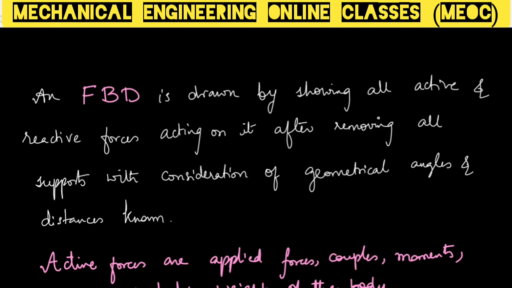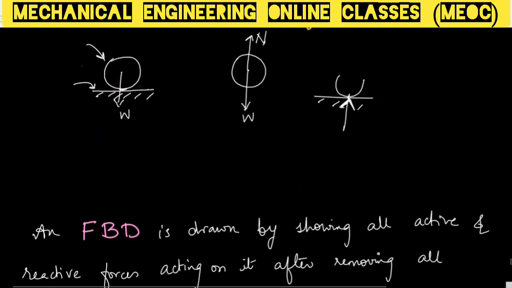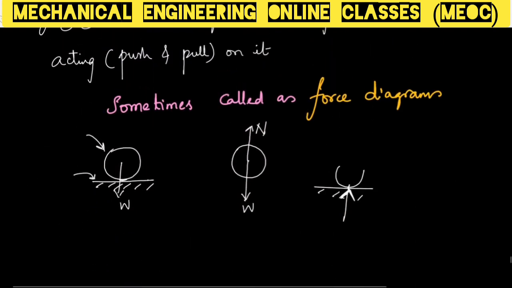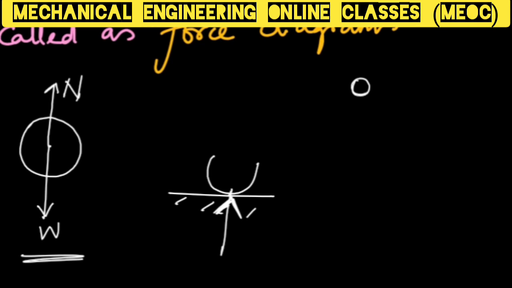Geometrical angle and distance means, in the previous example, the weight force is shown as acting vertically downward. Weight forces always act vertically downward because the weight force is actually the gravitational pull. Earth's gravitational force is pulling this particular object towards Earth's center. For example, if this is an object placed on Earth, there is a gravitational force of attraction between the two.